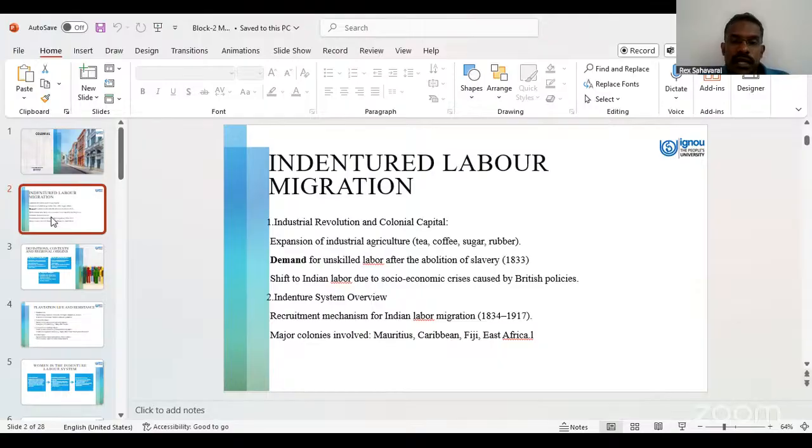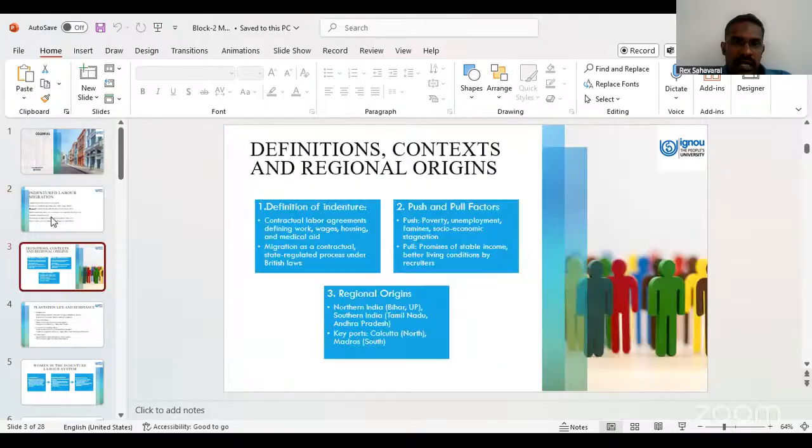Indentured labor and the Kangani system were constituted by the colonial British government to ensure that their colonies, countries like South Africa, Malaysia, and Sri Lanka, had enough laborers to work in the sugar, rubber, tea, and coffee industries, which were the major profit makers of those countries. That is the main thing.